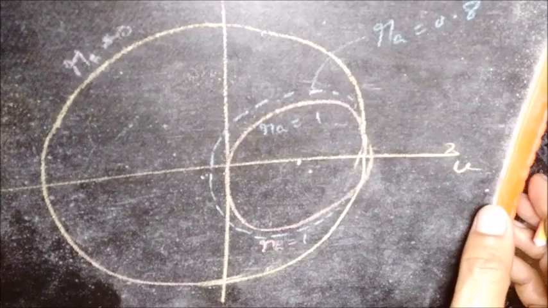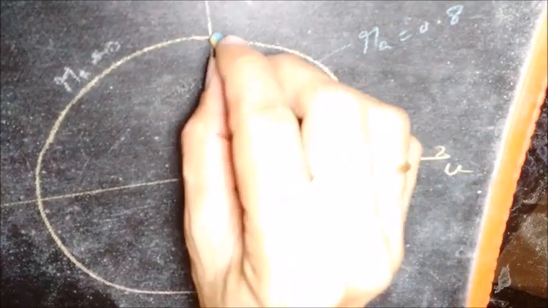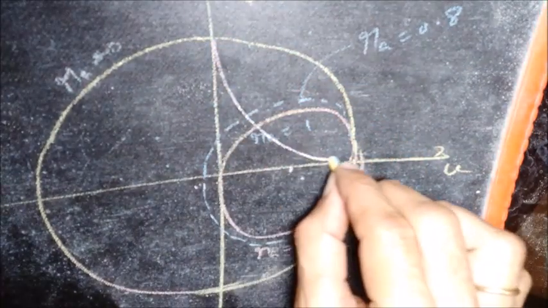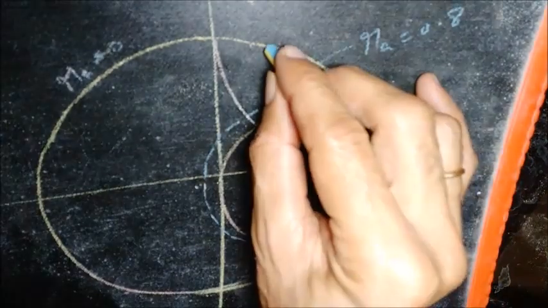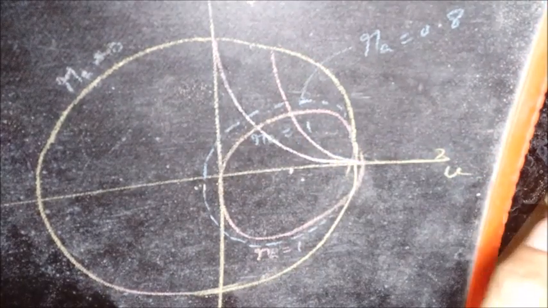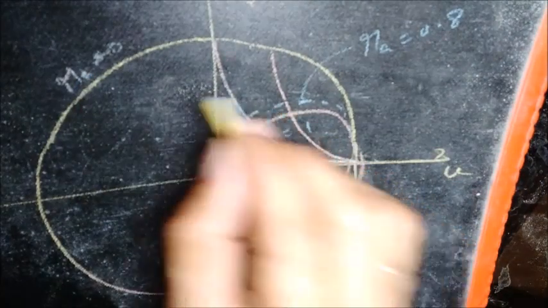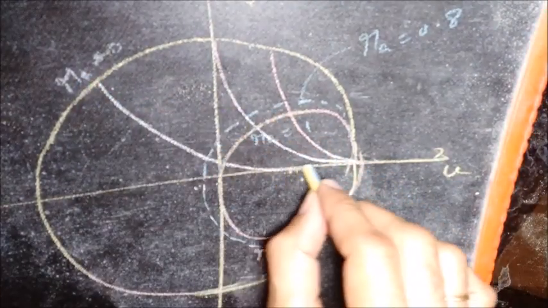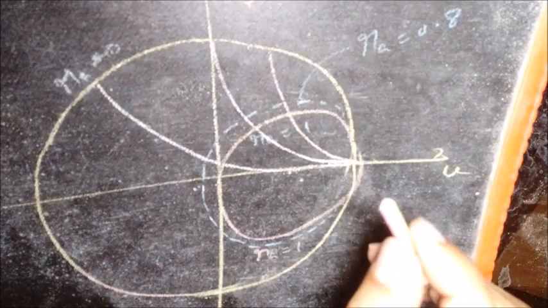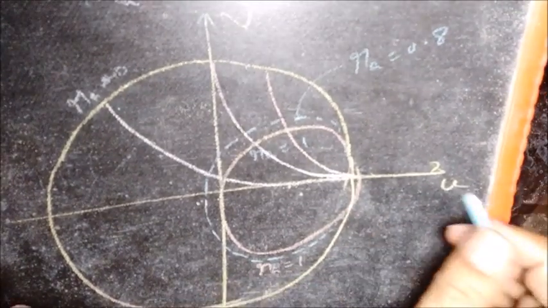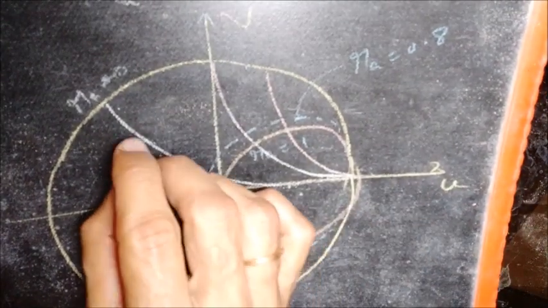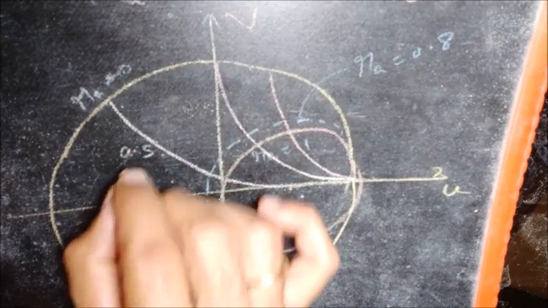Now moving on to XA. XA equal to 1 is this. XA equal to 2 will be something like this. And XA equal to 0.5, if you see our earlier Smith chart, will be this.